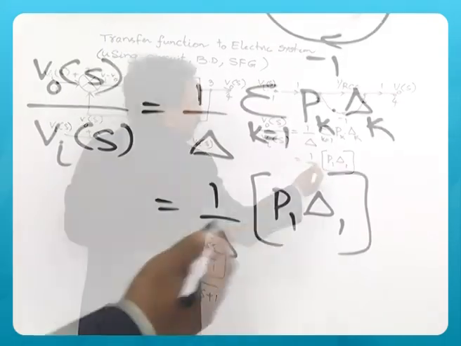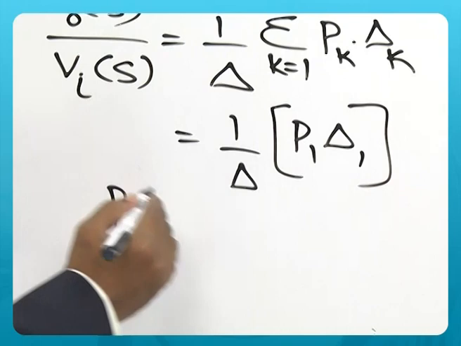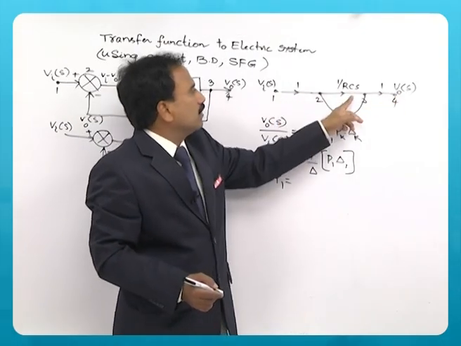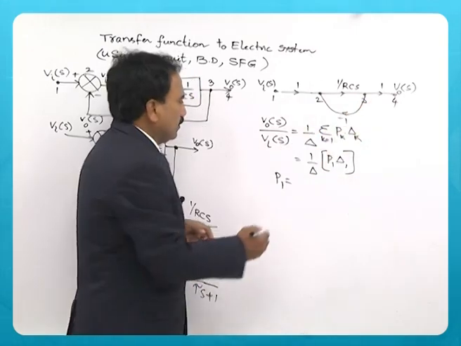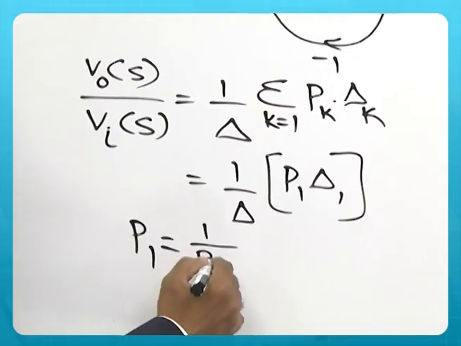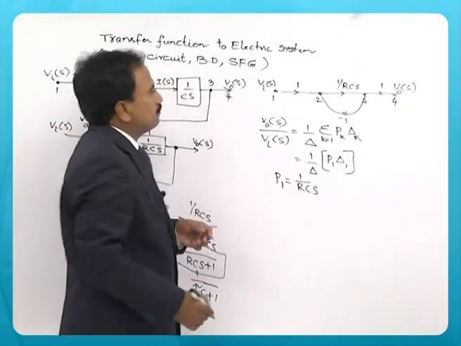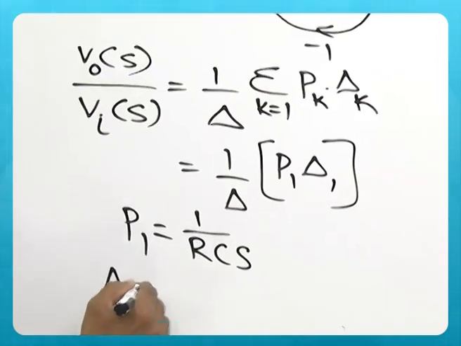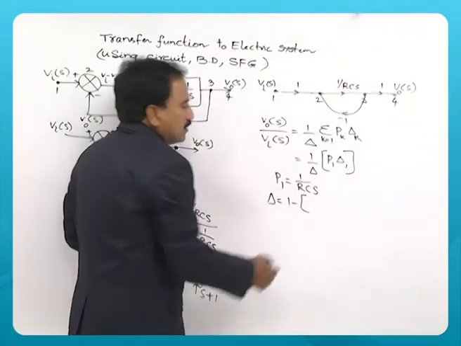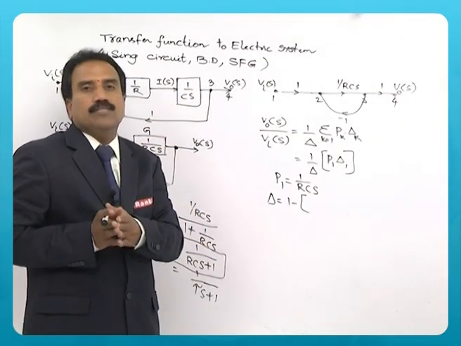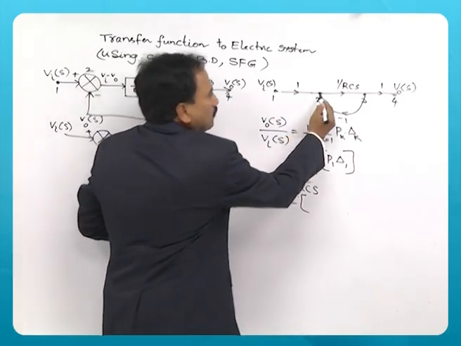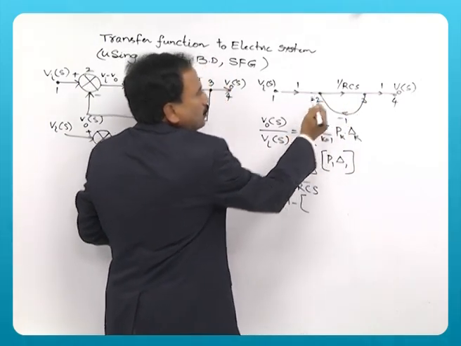So now let us find out what is P1. Gain of the forward path, simply multiply 1 by RCS and 1. So P1 is 1 by RCS, and delta is 1 minus sum of the loop gains. There is only one loop that exists here between 2, 3 and back to 2.